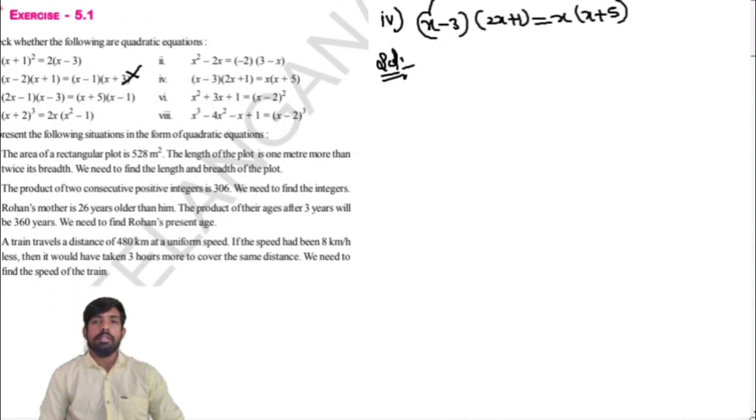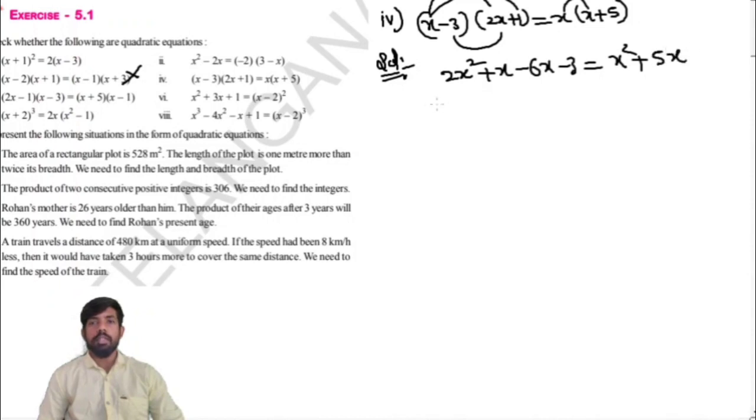Here we have x into 2x multiplied: x into 2x square, x into 1 is x, minus 3 into 2x is minus 6x, minus 3 into 1 is minus 3, equals x into x square, x into 5x. Here x square we send to the left hand side, and 5x also to the left hand side.